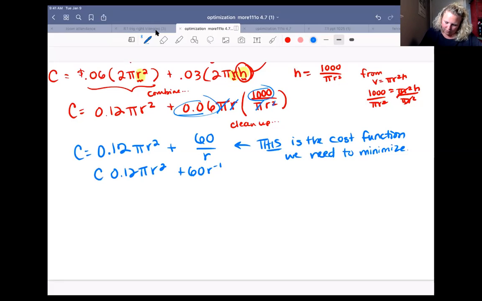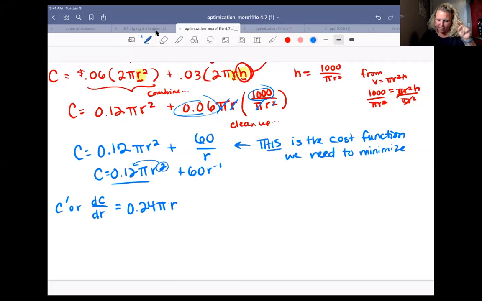So you could either do C prime or this Leibniz notation of derivative of cost with respect to radius, so you understand what it is that you're taking the derivative with respect to. Again, it's not implicit. Pi is just a number. So this is power rule, where we bring the 2 down and multiply it. Is that 0.24? Question in my math skills today. 0.24 pi times r.